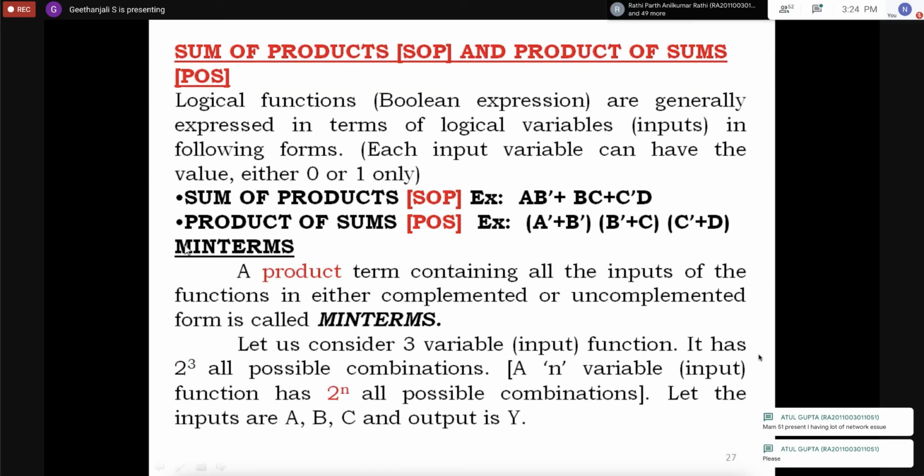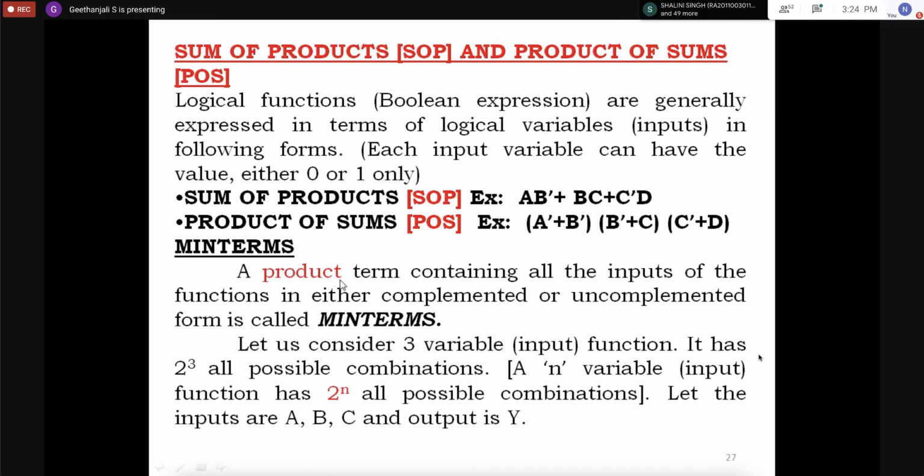Next, you should know about the min terms. A product term containing all the inputs of the function in either complemented or uncomplemented form is called a min term. Let us consider a three variable input function. It has three variables, so 2 power 3 all possible combinations.